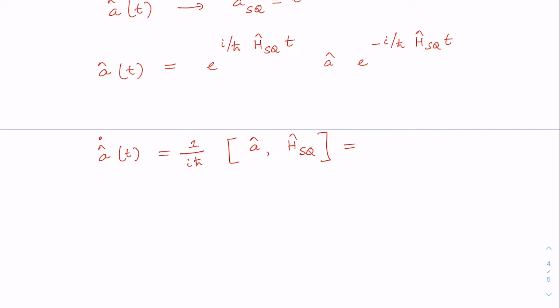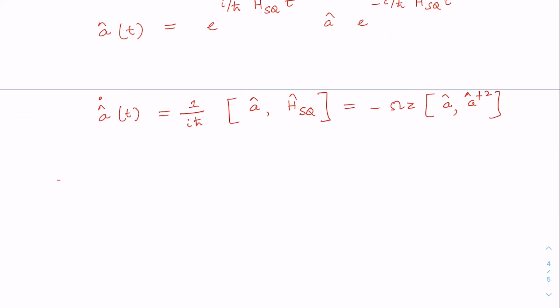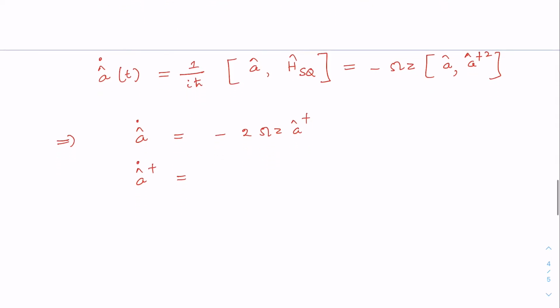You should be able to get minus ω z a†². Simplifying further, the time derivative of a is equal to minus 2ωz a†, and for the creation operator, a† dot is equal to minus 2ωz* a. Let us say this is equation number 1 and this is equation number 2.